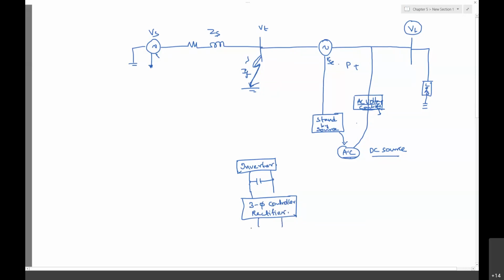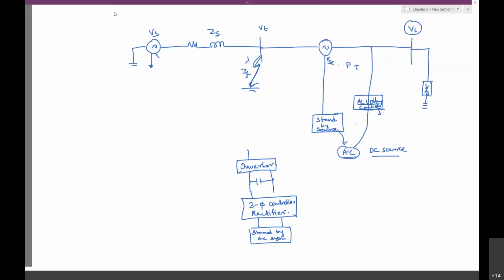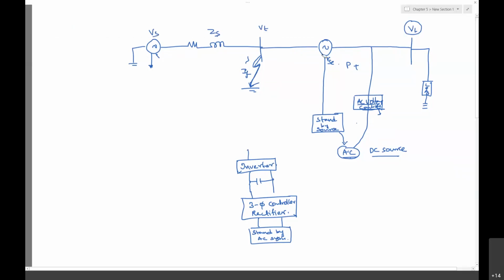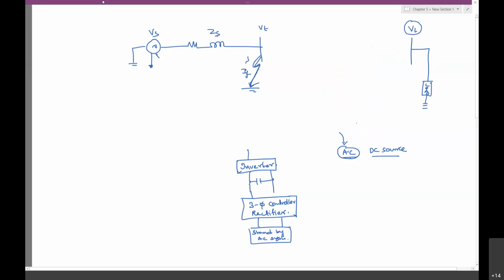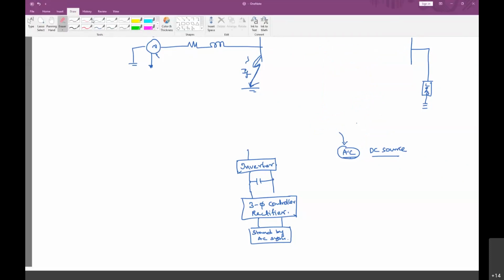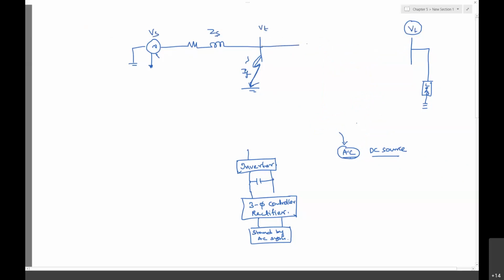This is the standby AC system. Now this inverter is going to have a connection to this particular point.